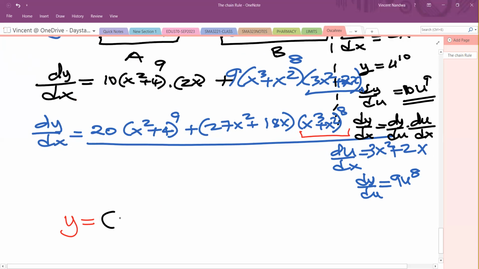y equals to (3x minus 5) power 4 into (7 minus x) power 10.